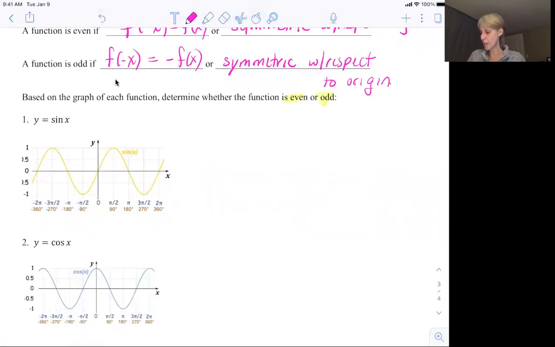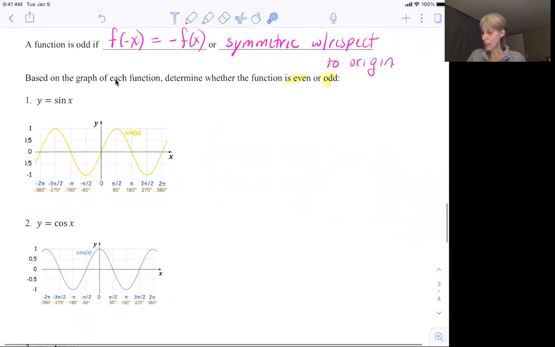So let's think about this. When I look at this sine curve, and remember, the sine curve is oscillating and it repeats itself, is this function symmetric with respect to the y-axis, or is it symmetric with respect to the origin?